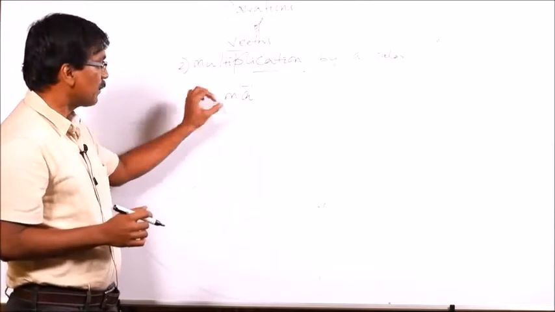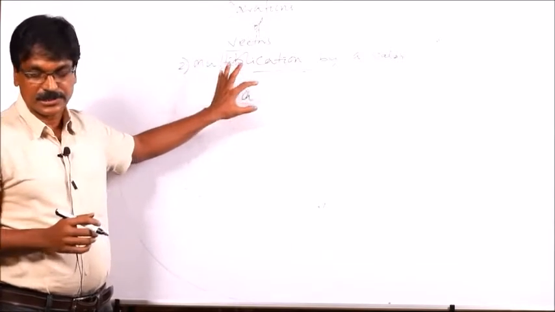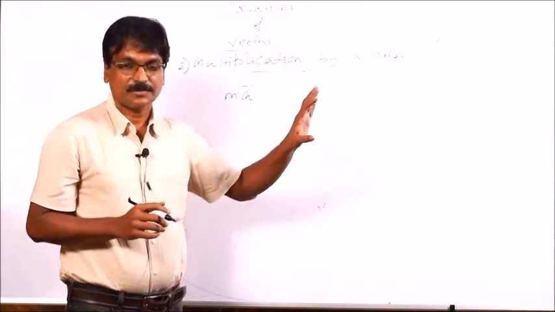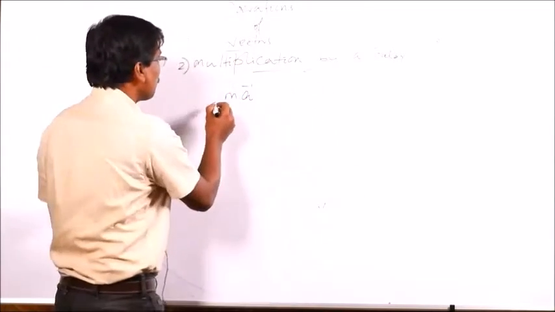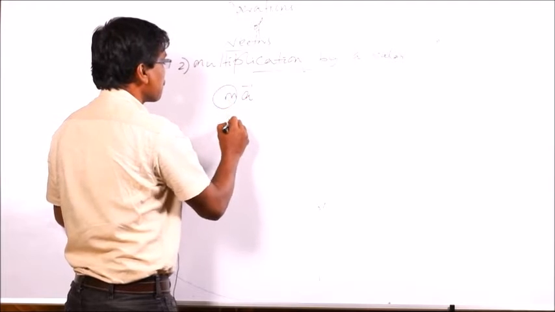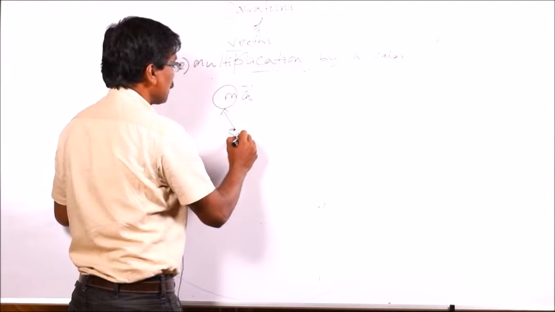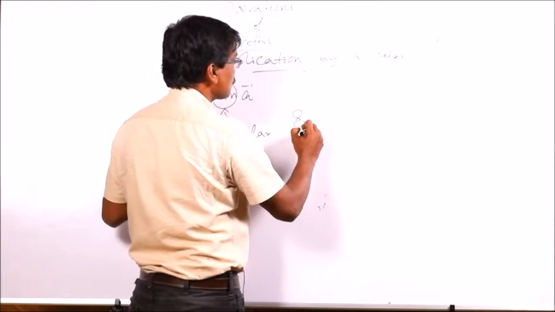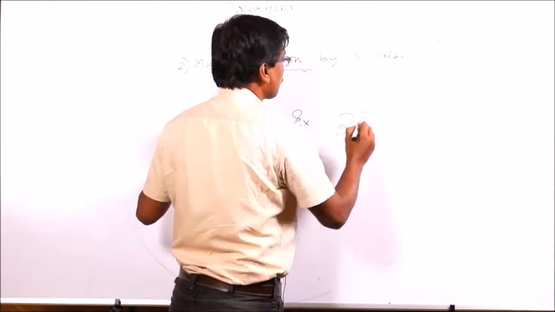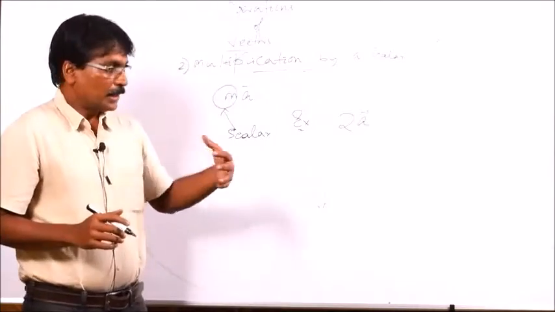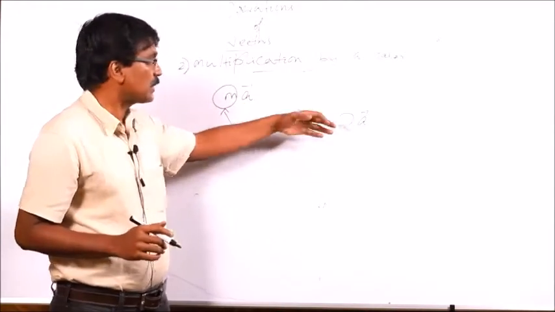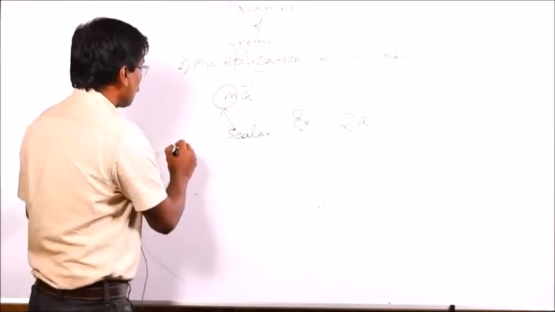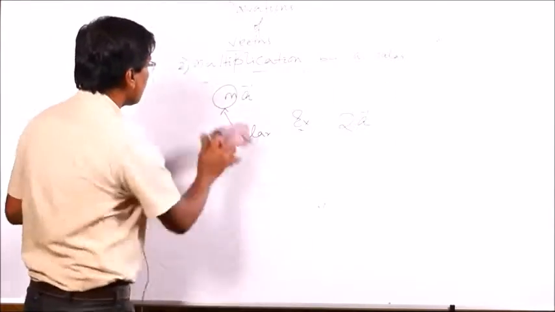Mind it, we can never put any dot or cross on it, because in vectors dot and cross have some definitions. Where m is a scalar, for example, 2 times A vector, that is we multiply 2 with the A vector. This is called multiplication by a scalar.